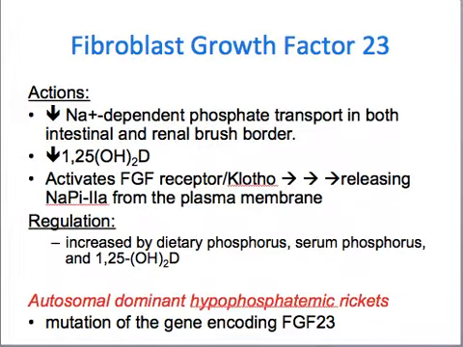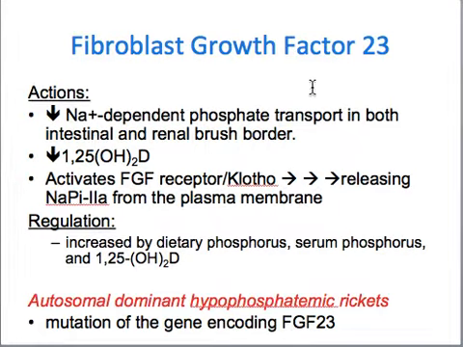Next we have your FGF23. This hormone inhibits the sodium-dependent phosphate transport in both your intestinal and renal epithelia. By inhibiting phosphate reabsorption, it lowers your phosphate in the blood.